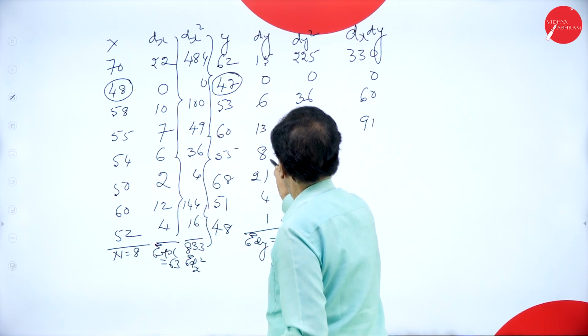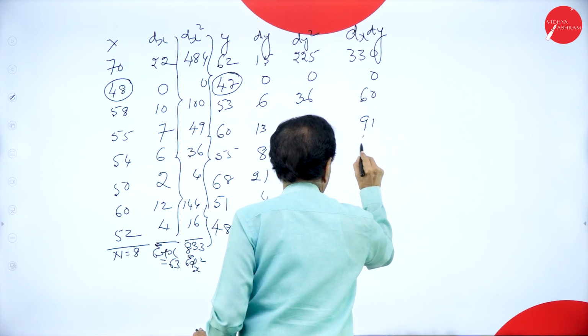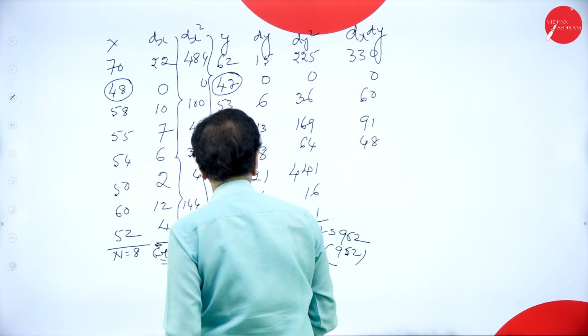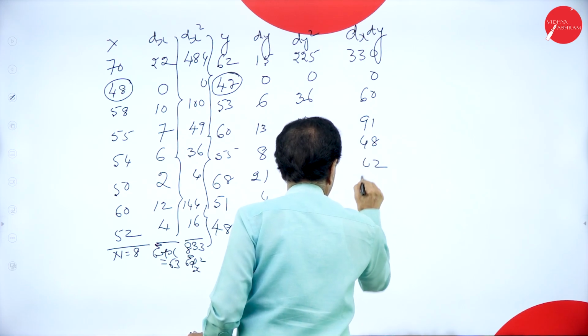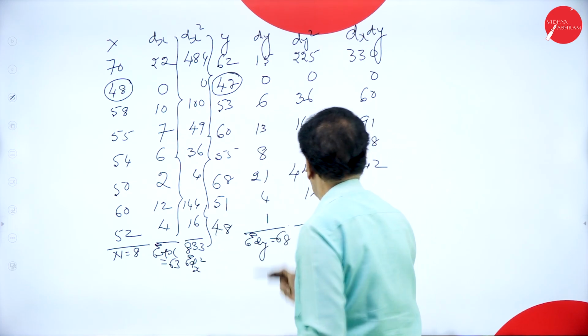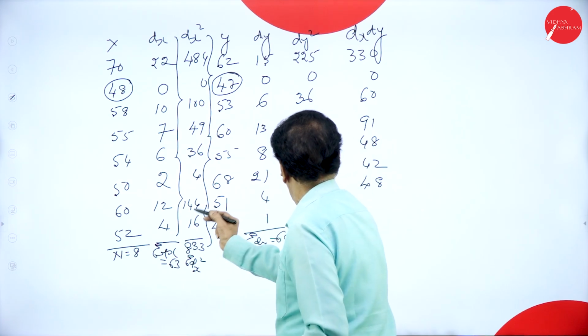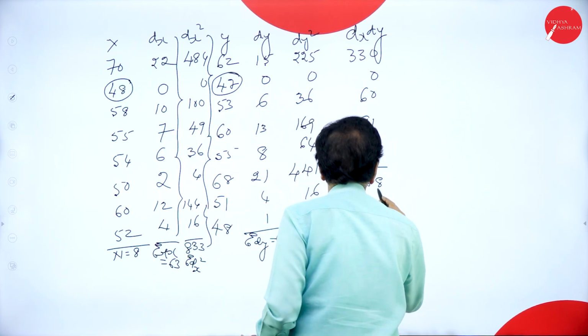Then 6 into 8 is 48. 2 into 21 is 42. 12 fours are 48. 4 ones are 4.